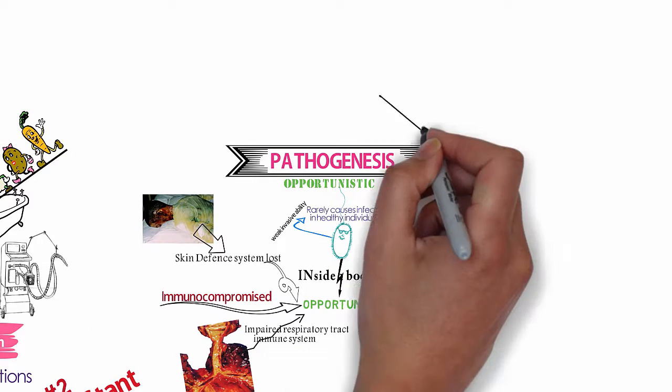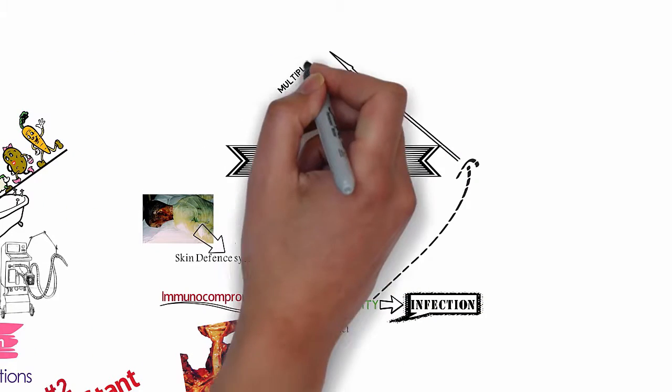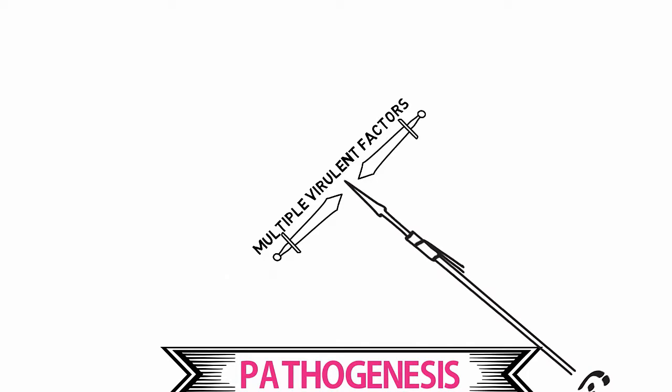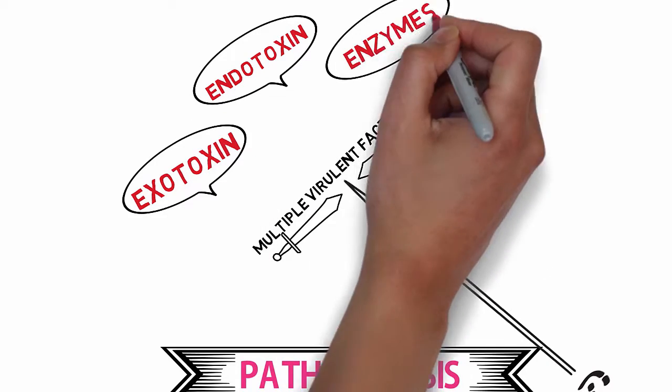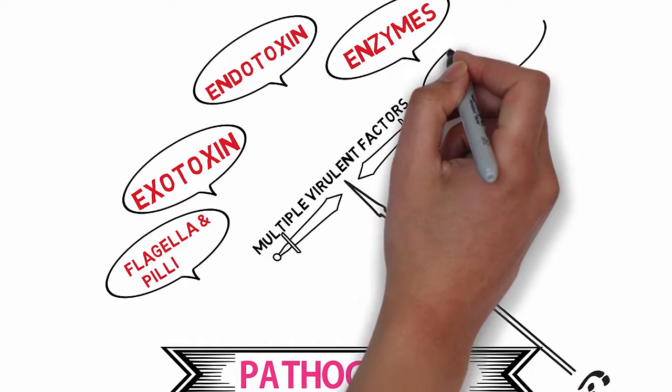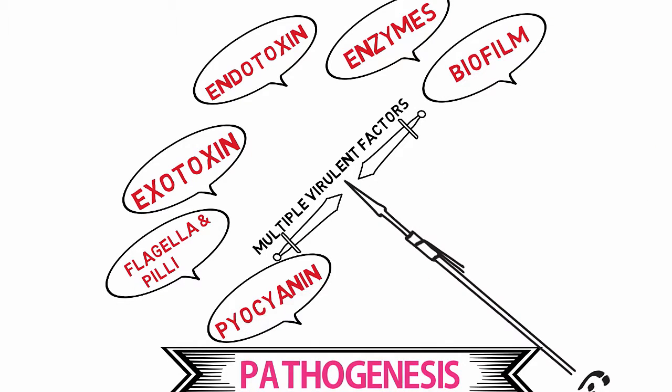Once it has taken the opportunity, it produces multiple virulence factors: endotoxin, exotoxin, enzymes, flagella, pili, biofilm, pyocyanin, type 3 secretion system. These are all virulence factors with which it causes infections.